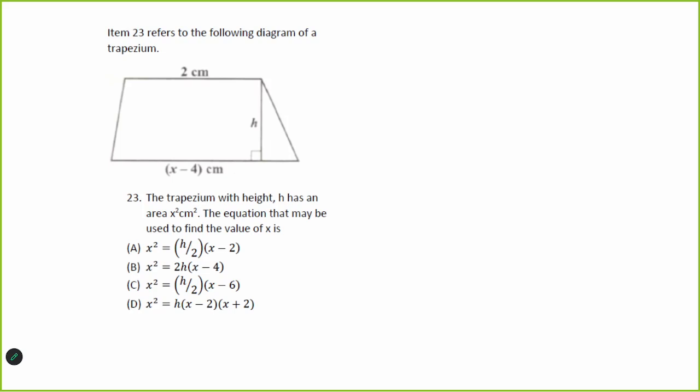They want to know the height. This is a repeated question. They just want to know what the answer would be. So it was something similar to this, right? Area of a triangle is a half, A plus B, times your height. A and B are your two parallel sides. That's 2 plus x minus 4 times your height is equal to x squared.